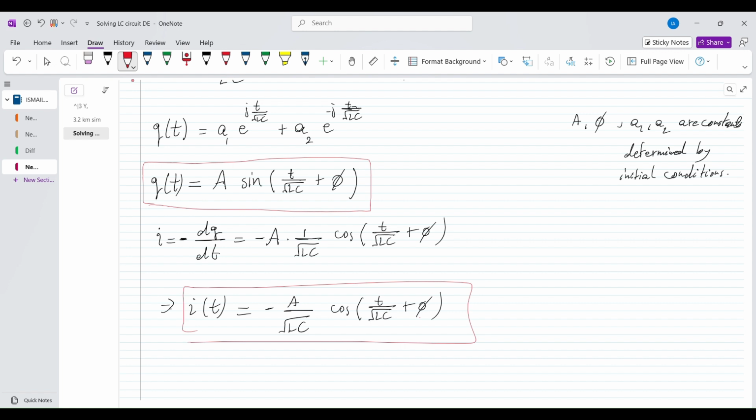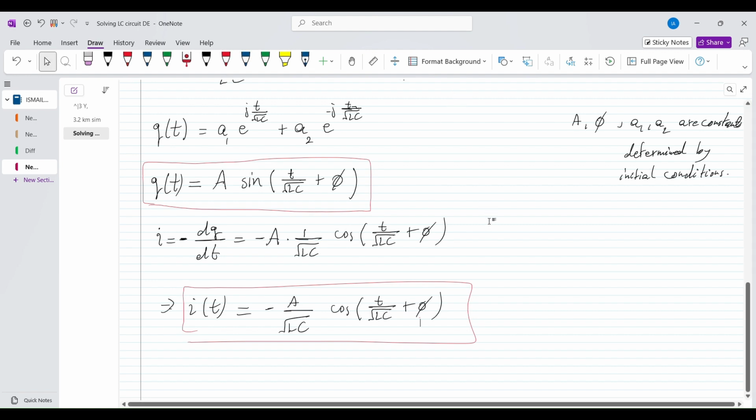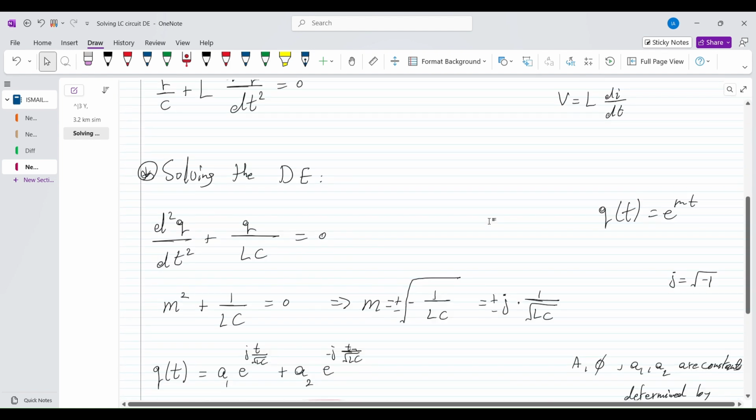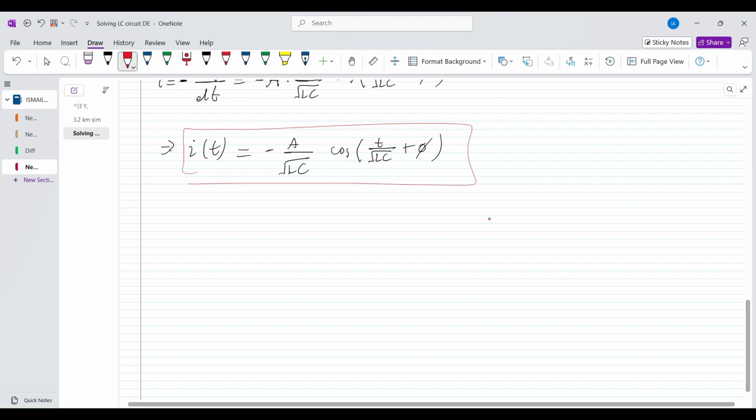Now, of course, this is impressive because here there will be zero loss of energy. Of course, we don't have a resistor or any resistance here. So the total energy E is conserved. It is constant. It will not change in time.